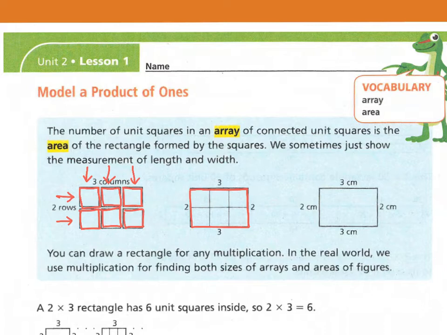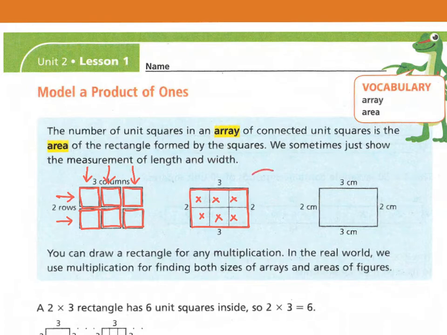In the second picture here, you can see that I can still count my squares. 1, 2, 3, 4, 5, and 6. I can tell that with 2 rows and 3 columns, the total amount of area, or how many squares are inside my rectangle, is 6.